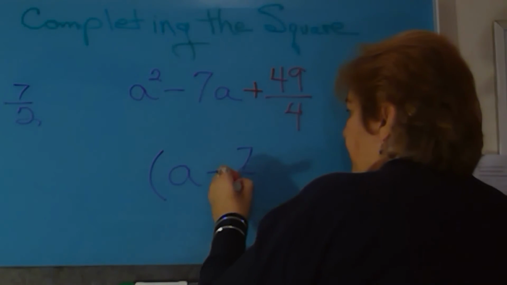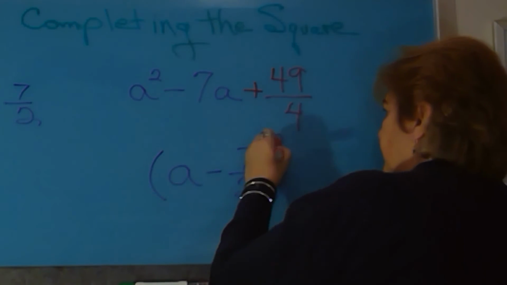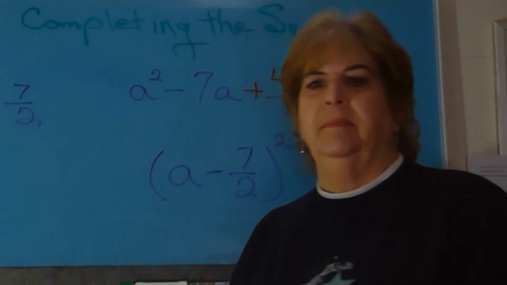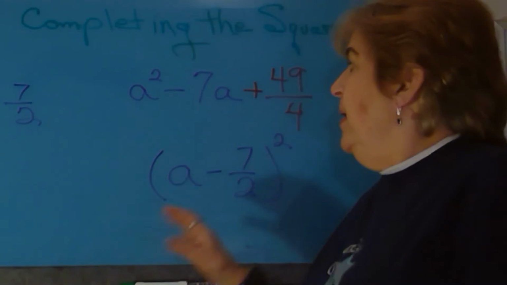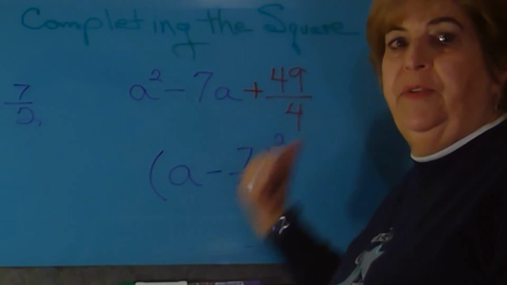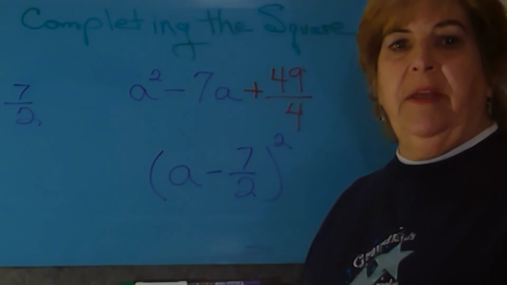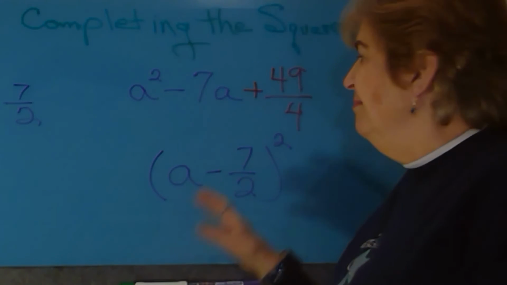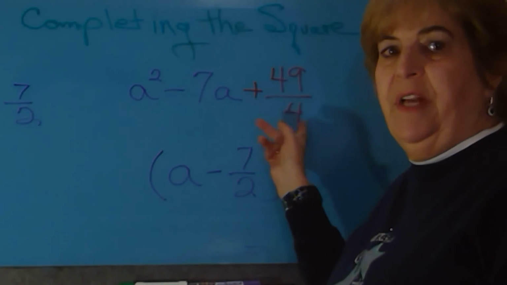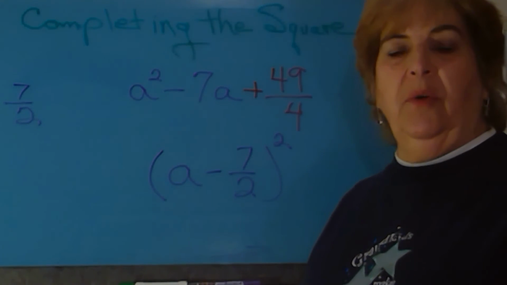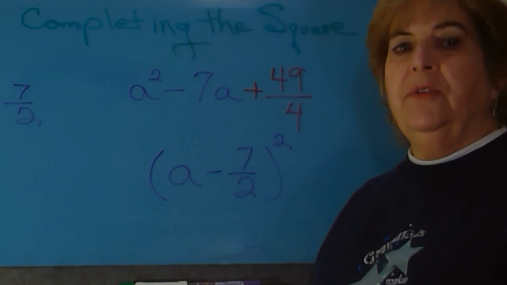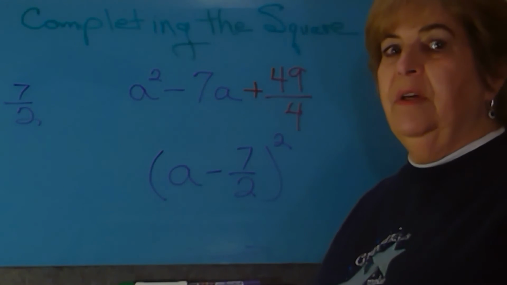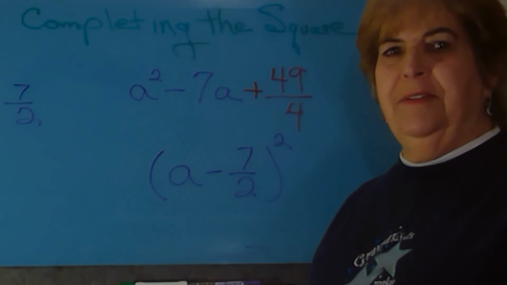You had 7/2. Many times what you have on the other side is already a fraction anyway. And often the problems they give you, the denominators are not going to be difficult to work with. So don't change them to decimals. We know how to work with fractions.